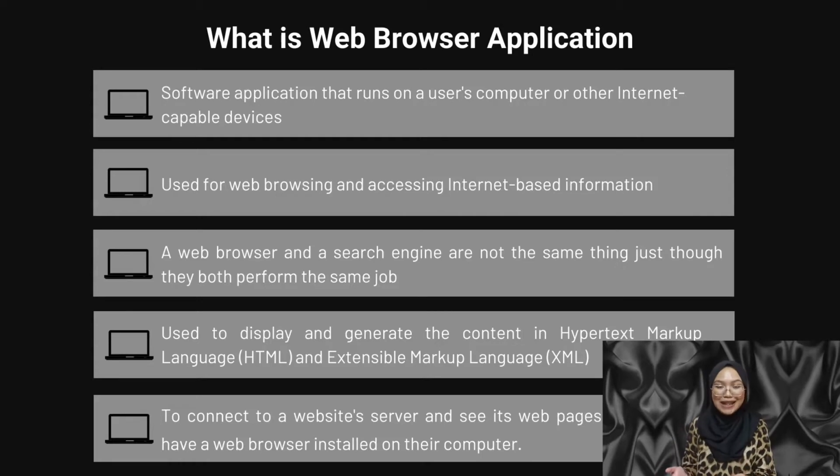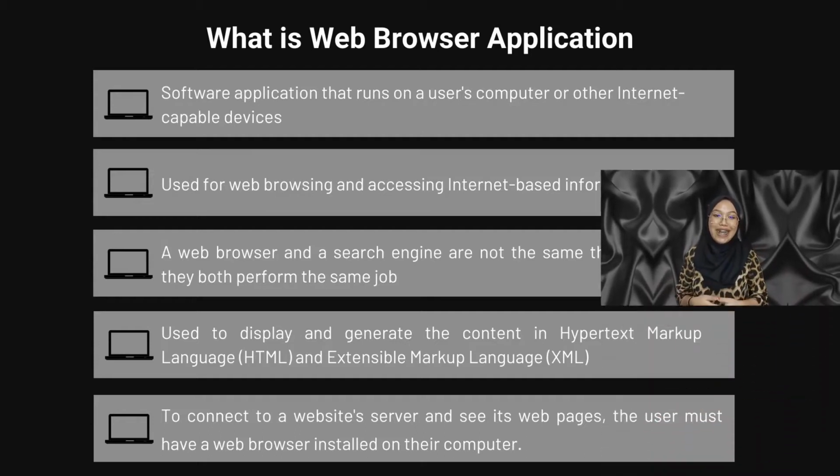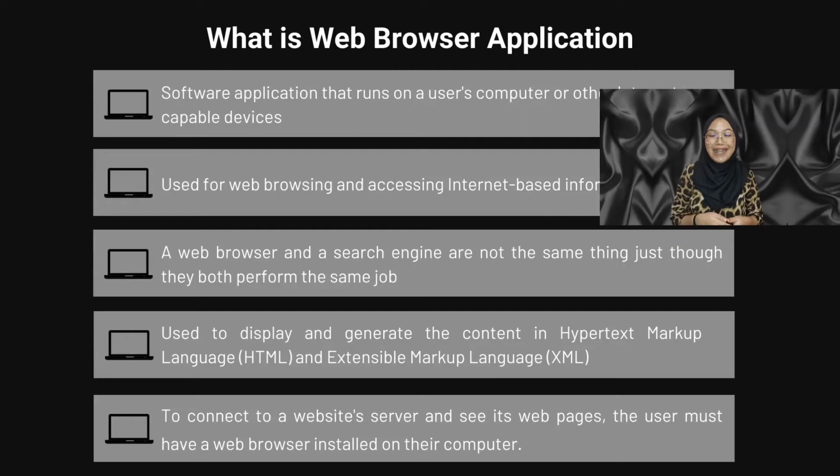For your information, web browsers are now available on both desktop computers and smartphones. Furthermore, they are often used to display and generate content, especially hypertext markup language and extensible markup language, known as XML.